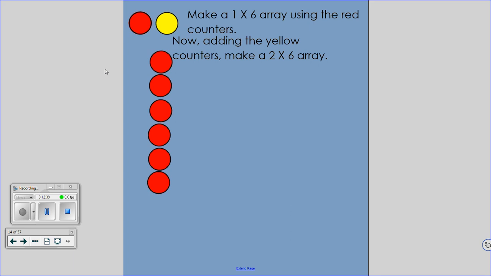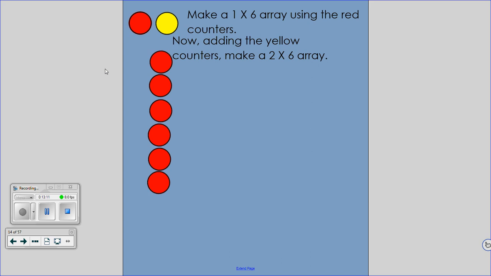Some of you are not listening. Using your red counters, you should have a 1 by 6. You're not changing those colors. But now you're going to turn your 1 by 6 into a 2 by 6. Now, you need a 1 by 6 to start with. Sabrina, you're adding yellow. There you go. Please turn your body all the way around so you're on this side of the desk.